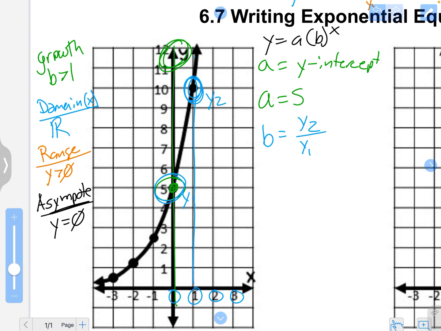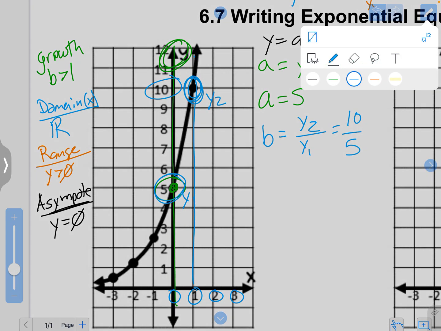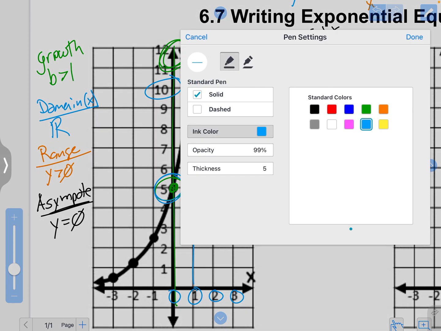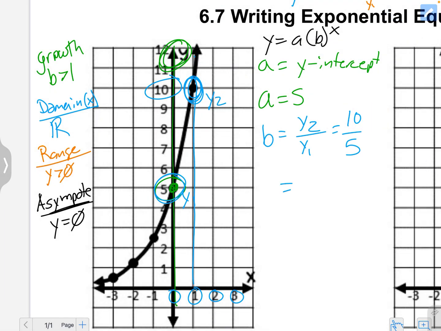Sometimes in exponentials, that's going to be a whole number. Sometimes it's going to be a fraction or a decimal. So in this case, my y2 is 10, and my y1 is 5. So I need to do 10 divided by 5. So my b is going to be 2.